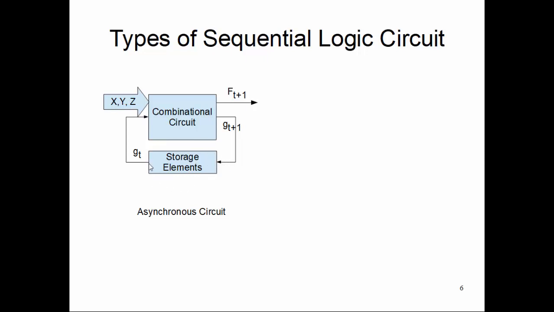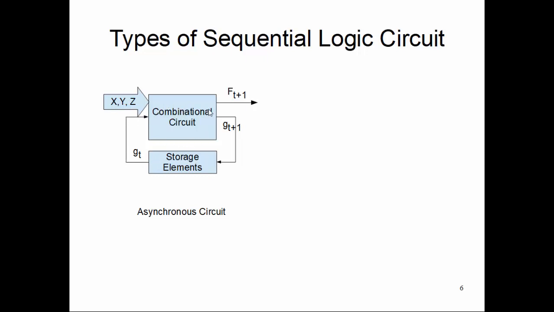If this is also a combinational circuit, it will translate and almost immediately appear at this part, and that getting fed back into my computation may change my f10 at this point.